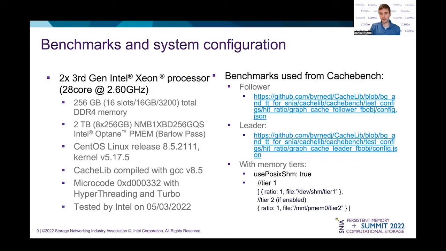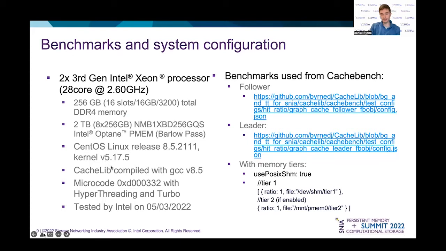But first, we want to give our initial benchmarking and system configuration. So we have Xenon processors, the system has 256 gigabytes total memory, and then we use 8 256 gigabyte Optane DIMMs, CentOS with Linux kernel 5.17.